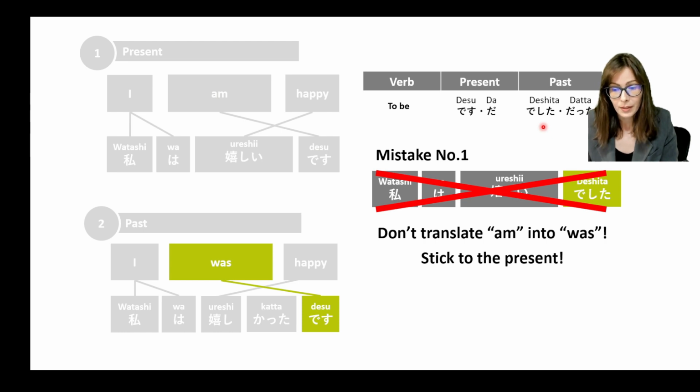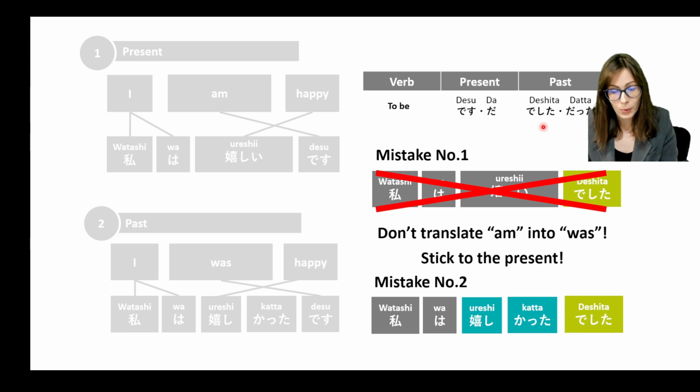Okay? Stick to the present. Okay? Now, mistake number 2 is to say 私は嬉しかったでした. Let's look at this one. The adjective is correctly put into the past form. However, the verb is again in the past. This is very logical for us Europeans because for us, the verb changes.